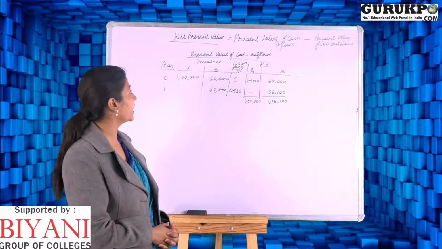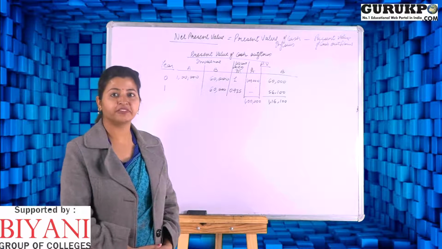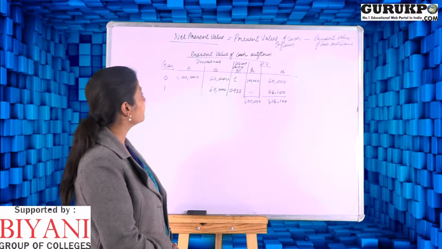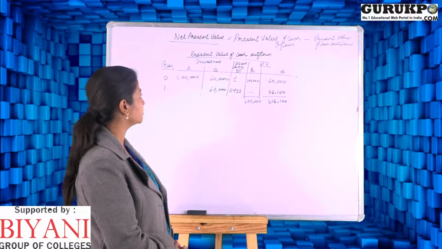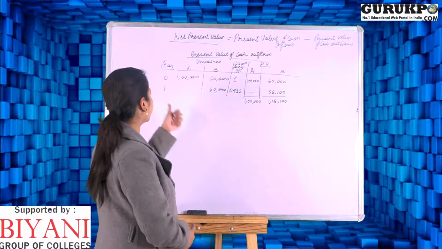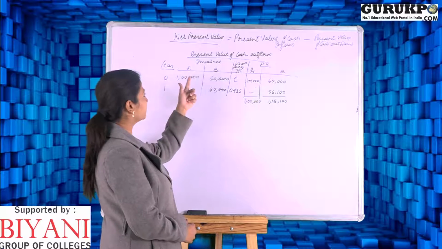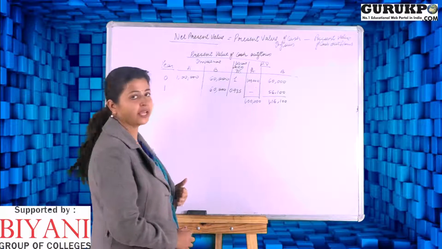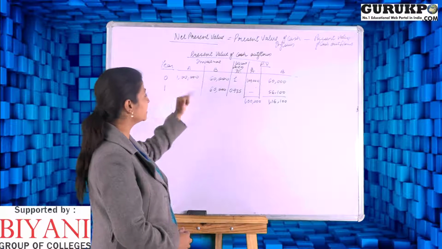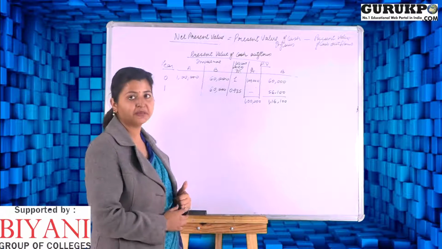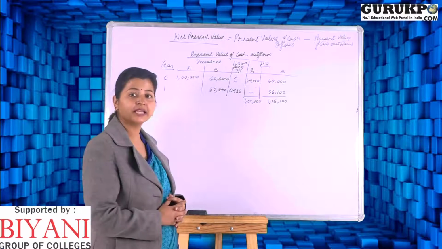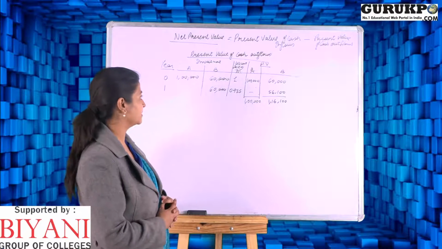The formula for NPV is present value of cash inflows minus present value of cash outflows. So first, the computation of present value of cash outflows. For machine A, the whole amount is paid immediately, in year 0. Machine B is paid partially: 1,20,000, half in year 0 and half in the first year, that is next year.